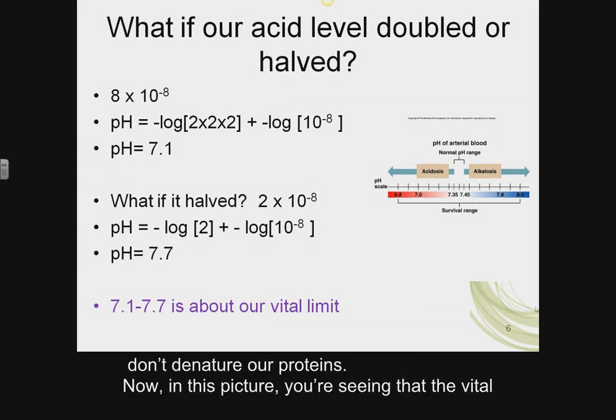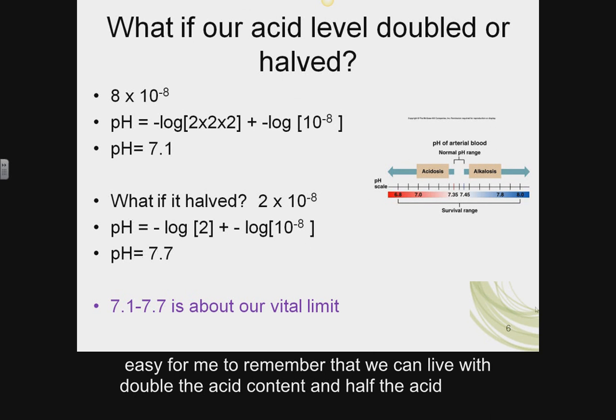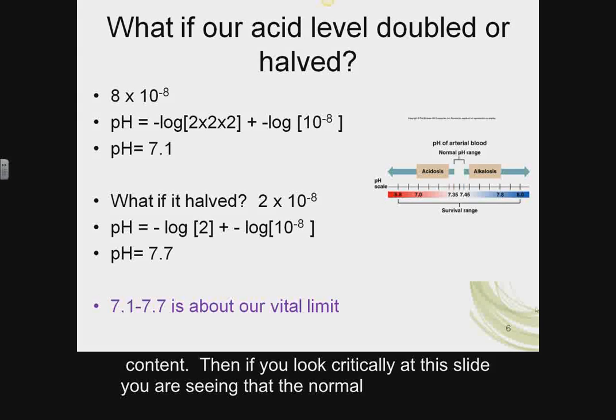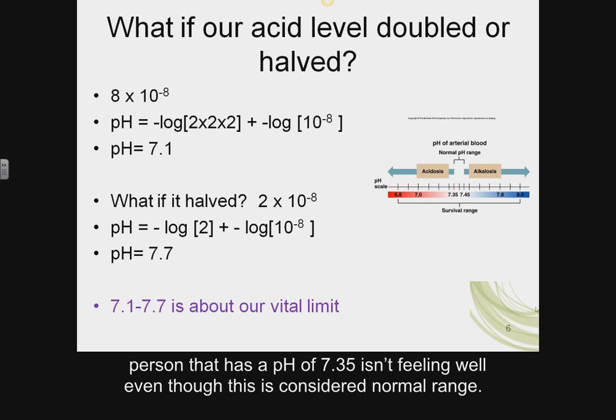I'm hoping you're getting the idea that we really want to maintain our acid-base balance so that we don't denature our proteins. Now in this picture, you're seeing that the vital range is a little bit larger than what I just told you. I am using 7.1 to 7.7 because it is easy for me to remember that we can live with double the acid content and half the acid content. Then if you look critically at this slide, you're seeing that the normal range that we associate with health is 7.35 to 7.45.